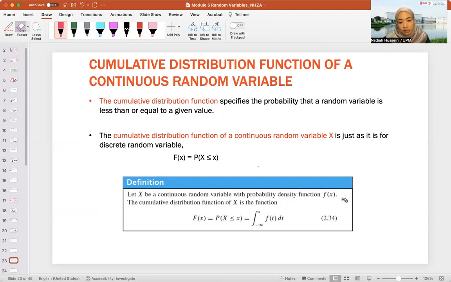But remember, our function only exists from a certain number, right? So if you know what your a and b is, or you know that your function is from 0 to 1, therefore your minus infinity will be 0. Any questions?